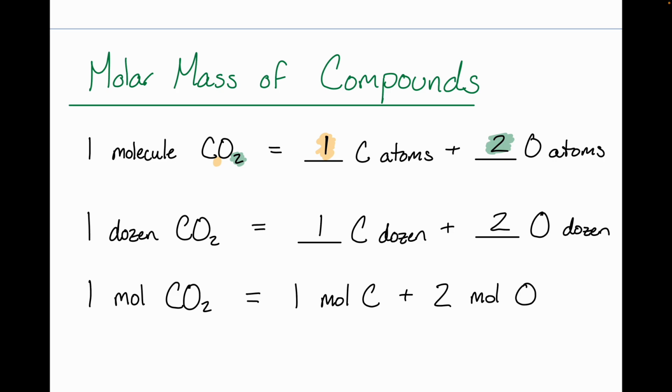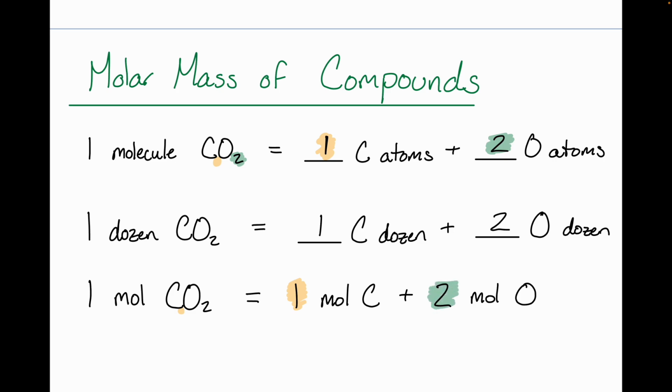Right? And it's a little bit weird because we're talking about this humongous number, 6.022. But again, if you can convince yourself that this is true for a dozen, a mole is just the same analogy, right? It's a specific number of those CO2 molecules.